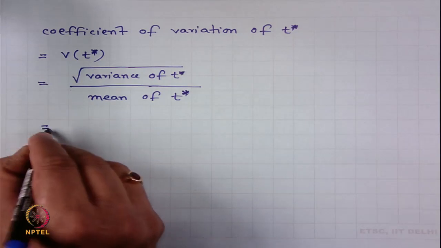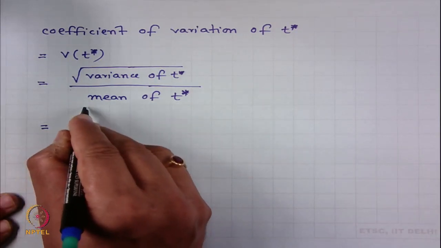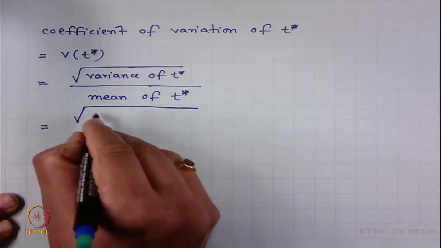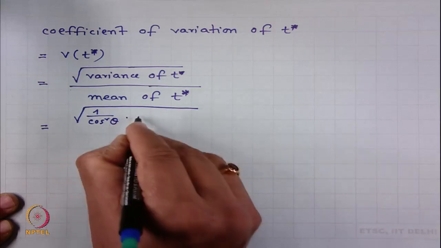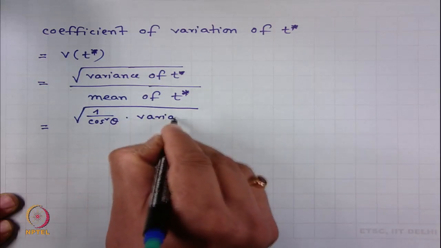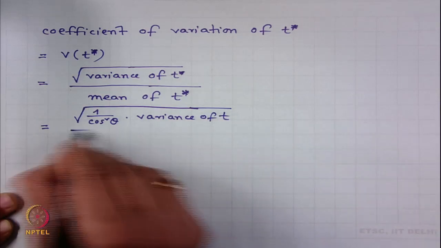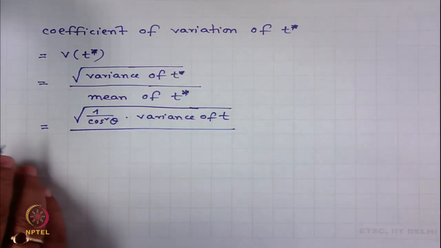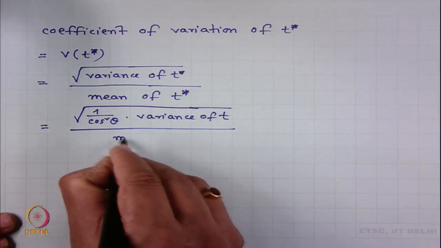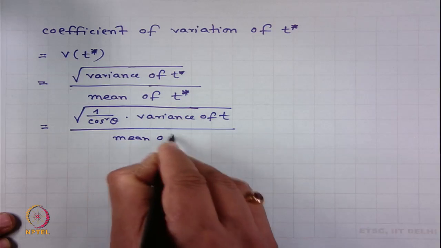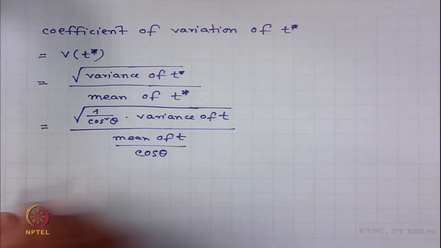Variance we have just now derived, one by cos square theta into variance of t, mean of t star, mean of t by cos theta.